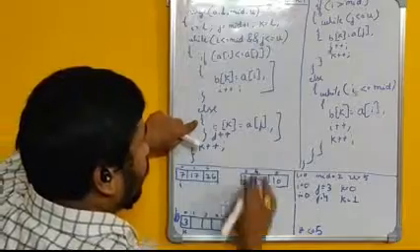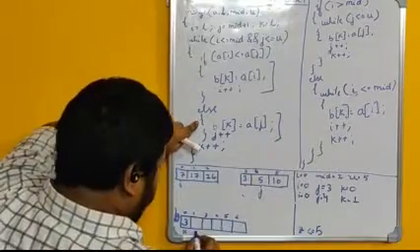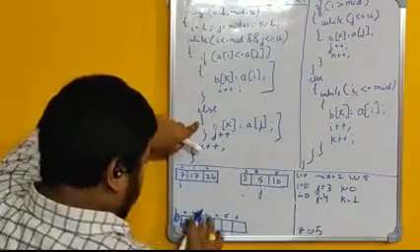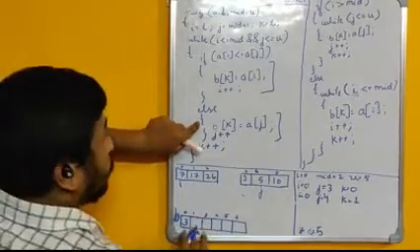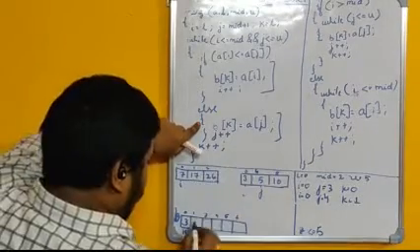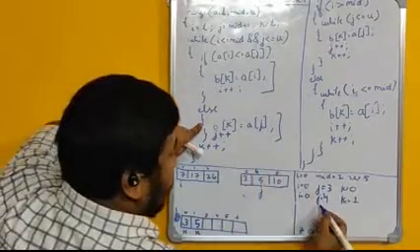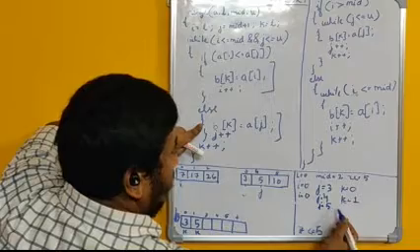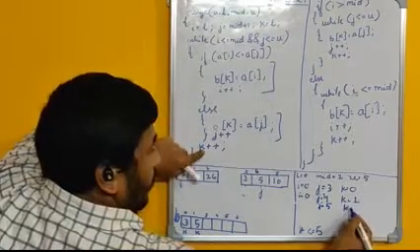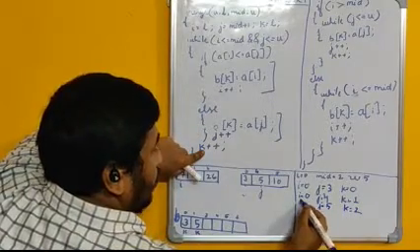B of K is equal to A of J, which is 5. K is 1, so B of 1 is here, and it assigns 5. And what happens now? J is incremented, so J is equal to 5, and K is also incremented, K is equal to 2. I is still 0.